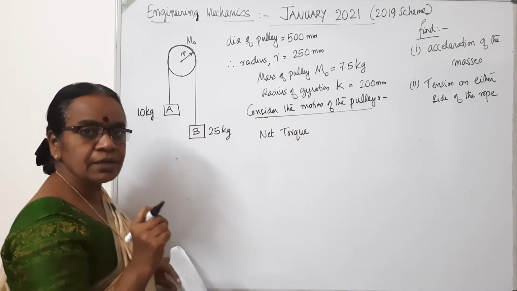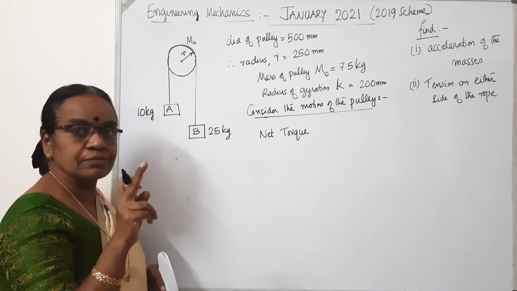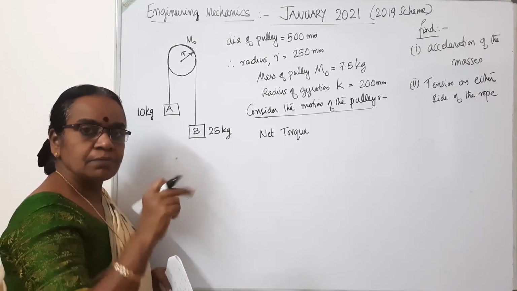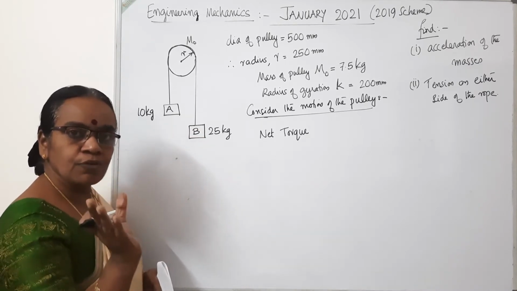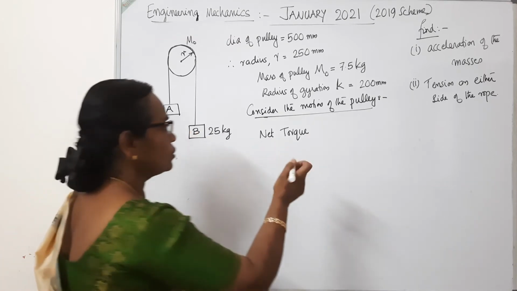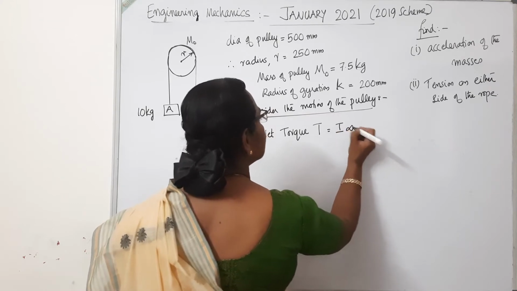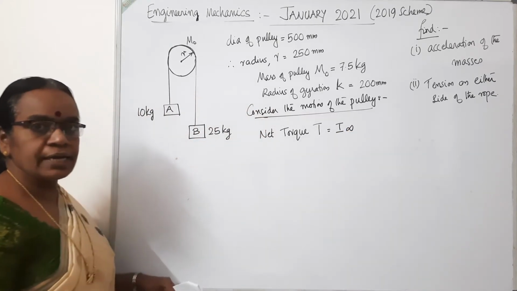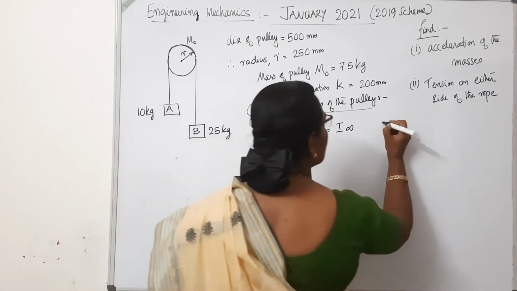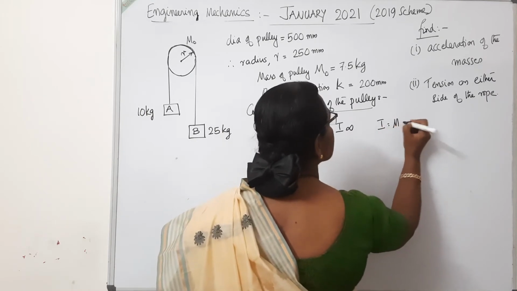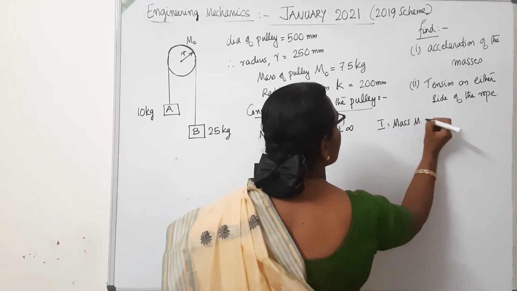In a linear system, force is equal to mass into acceleration. But when it comes to rotation, instead of force we use torque, and torque T is equal to I alpha. You have studied this. T is equal to I alpha, where I is called the mass moment of inertia.